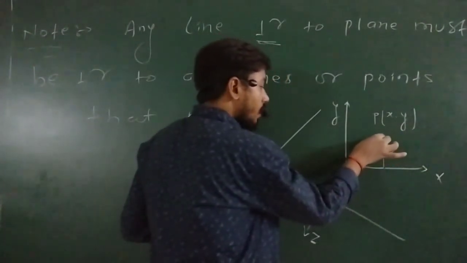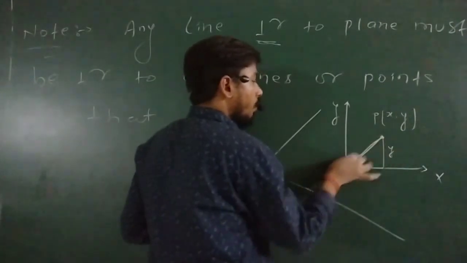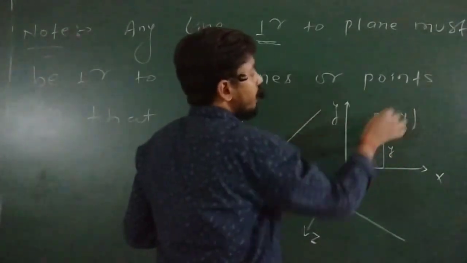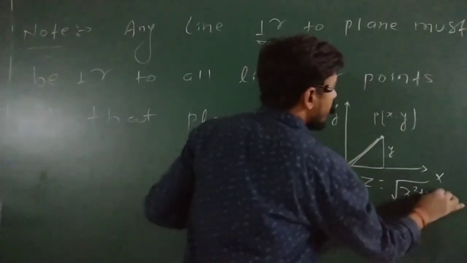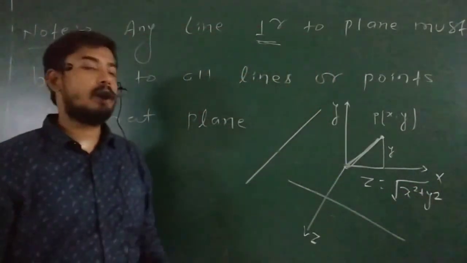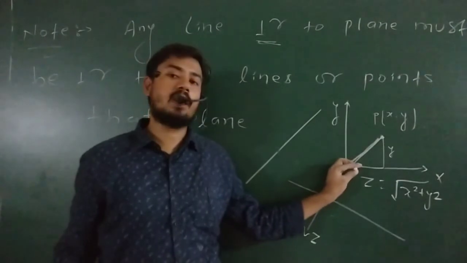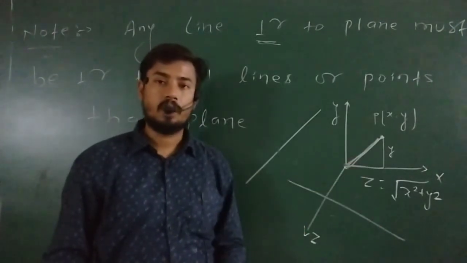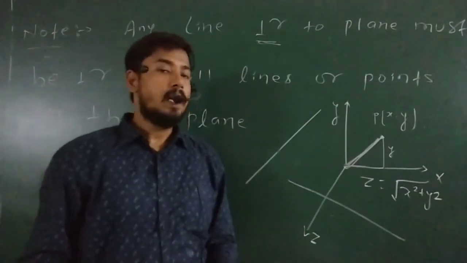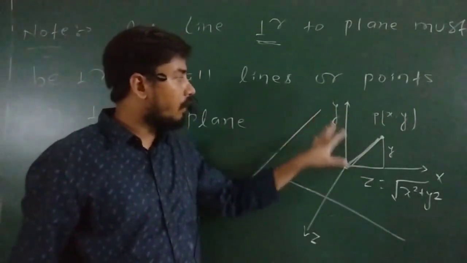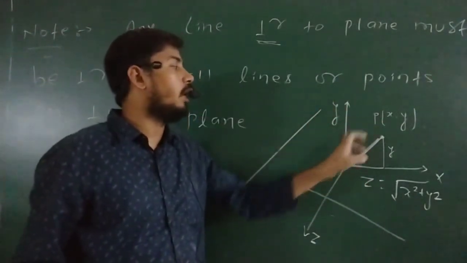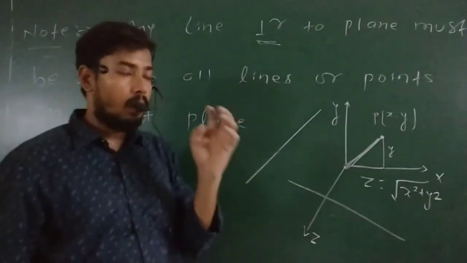So find this value. z will be, my dear, under root x square plus y square, because we are going to find the perpendicular distance according to the Pythagoras theorem. Getting my points? So any line which is perpendicular to a plane must be perpendicular to all the points, all the lines on that plane.